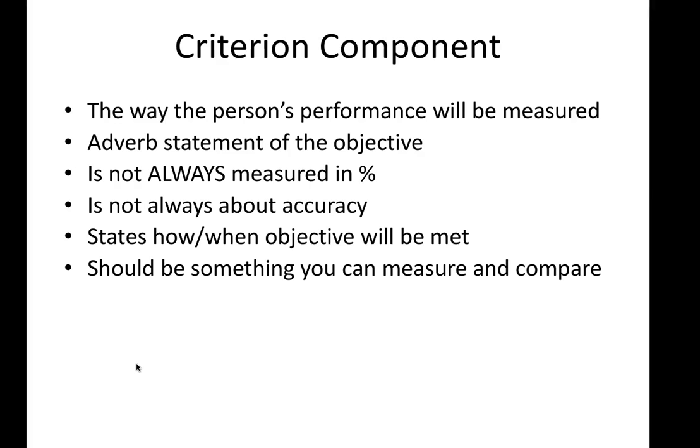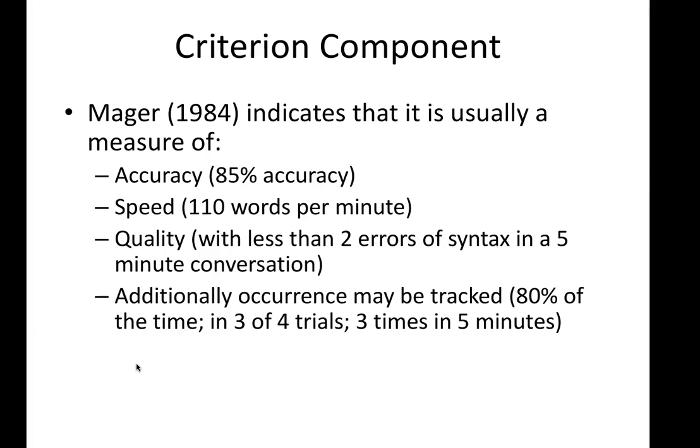They'll do it 90% of the time, not necessarily with accuracy. There can also be a measure of accuracy or speed, so for example 110 words per minute, or 6 items in 1 minute, or we'll name 2 items in 30 seconds, something like that.